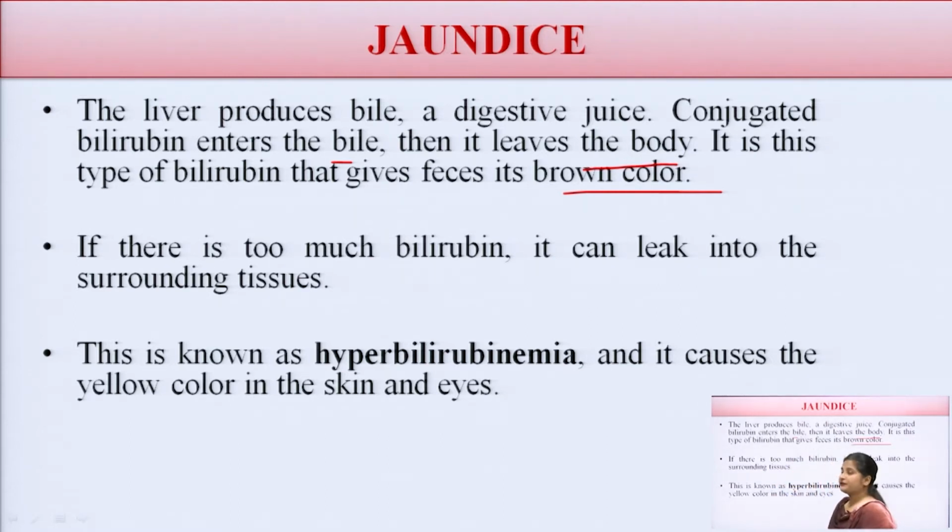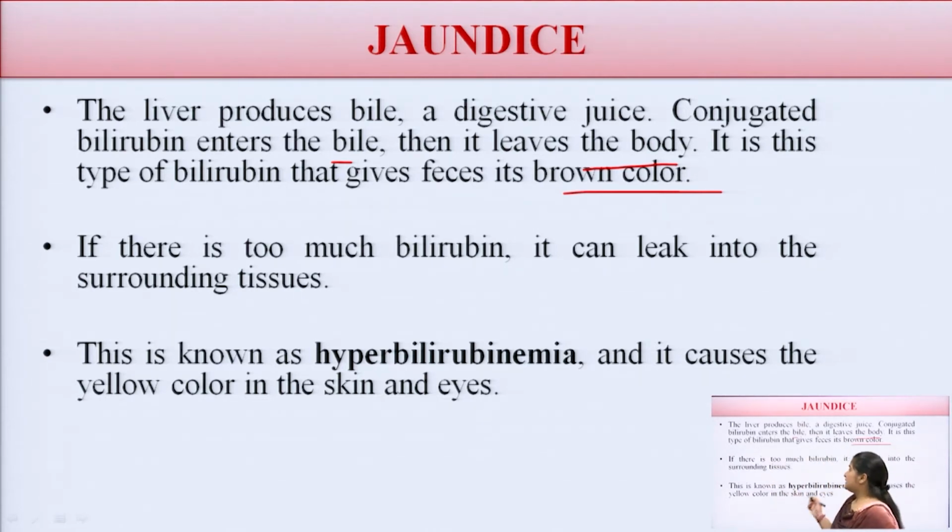Now, if too much bilirubin leaks out into the surrounding tissues, means if there is a very high amount of bilirubin which continuously remains in the bloodstream, it shows some adverse effects, right.